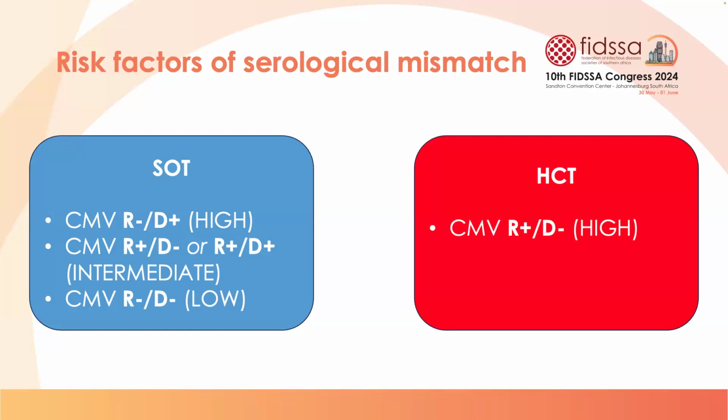And so obviously that risk is high. And then lower risk is if the donor and the recipient are both serologically negative. It doesn't mean you can't get CMV, because obviously you can get primary CMV from another source.